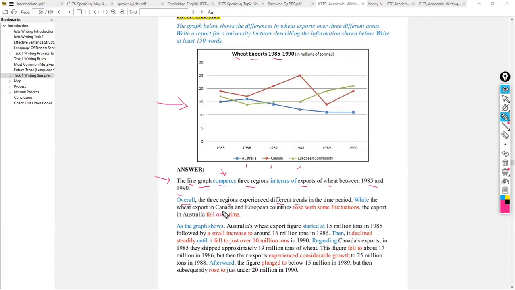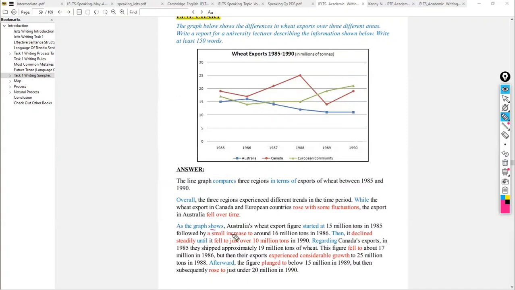While the wheat exports in Canada and European countries rose with some fluctuations, now I'm comparing and contrasting, the export in Australia fell over time. We notice that it is not falling in Canada and European Community, but rising as time passes. Now I have to go into details.